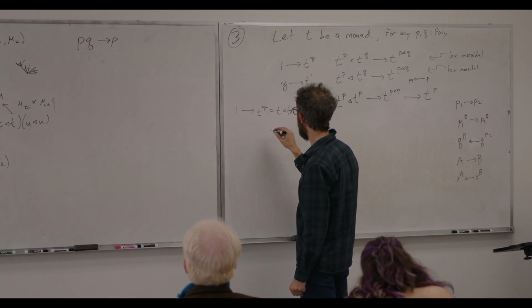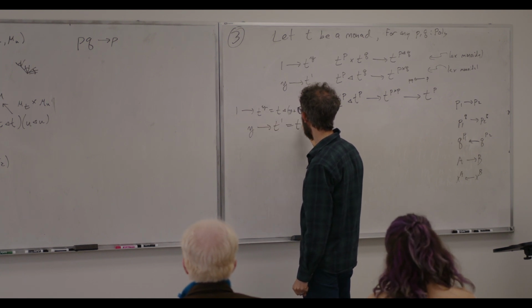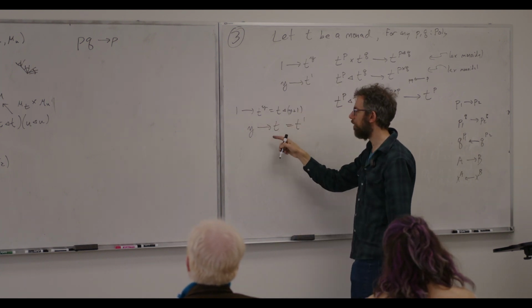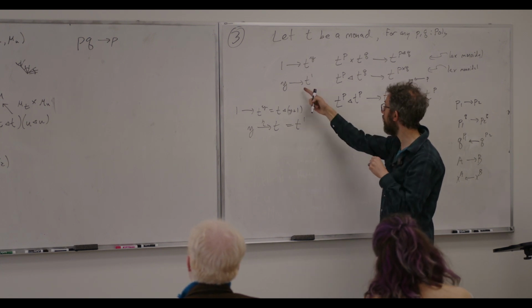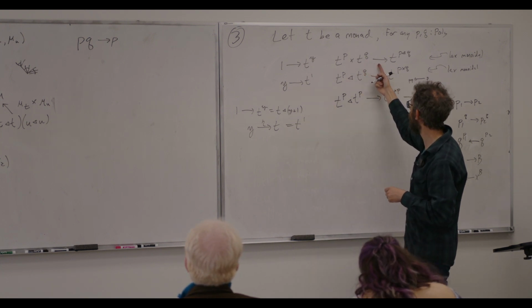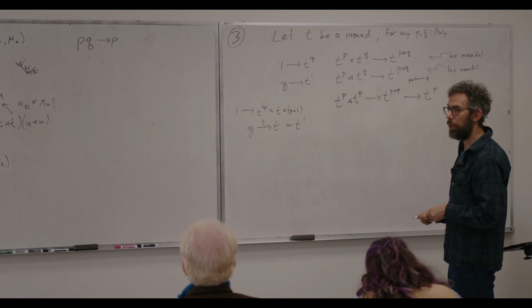Sorry, I don't know if this is helpful. But the other one would be y to the t to the 1. Well, t to the 1 is t, and so this is just the unit of t. So this one's the easy one. This one's the more surprising one in some sense. Wait, I'm confused.